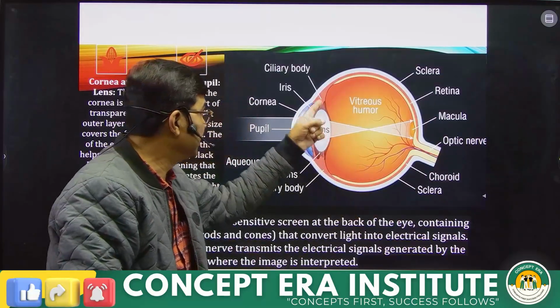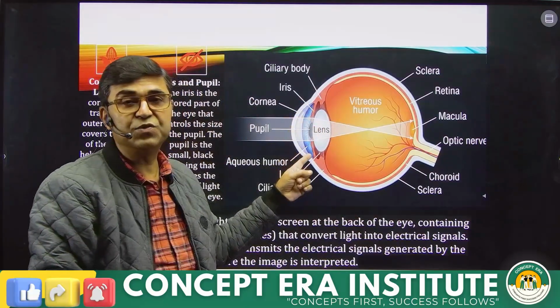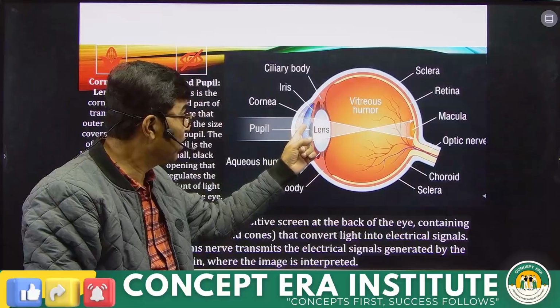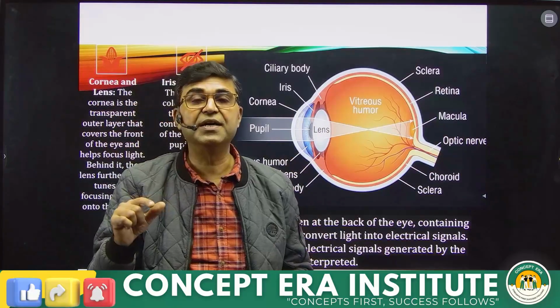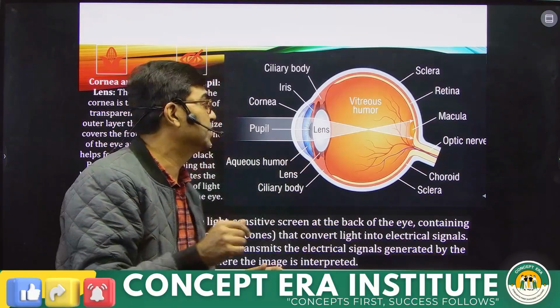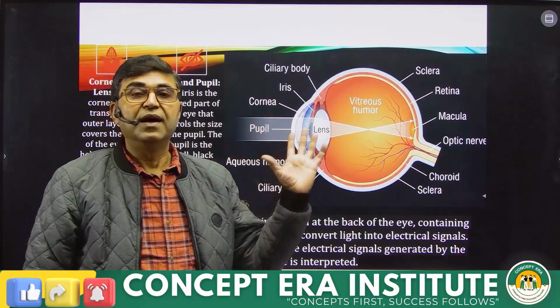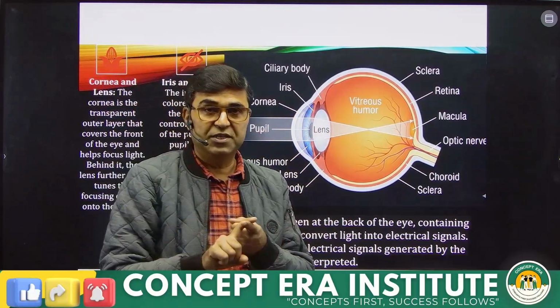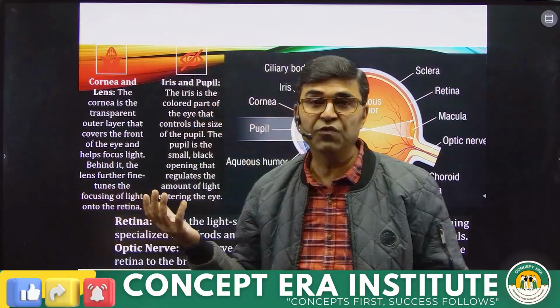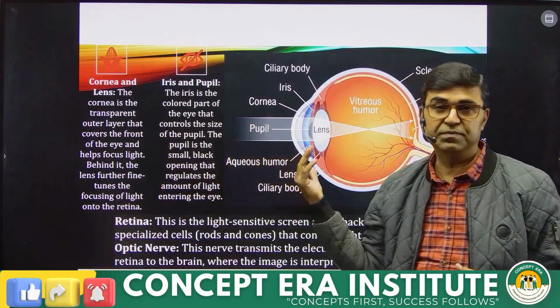In the same way, the iris works. There is a small hole in the center of the iris, which is known as pupil. Iris and pupil work together to control the amount of light entering the eye.